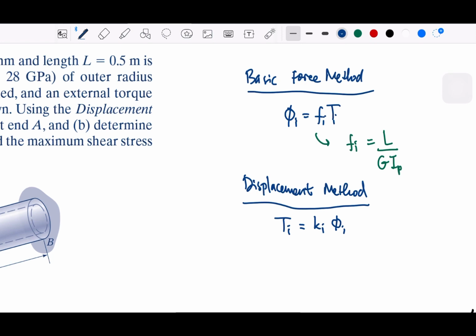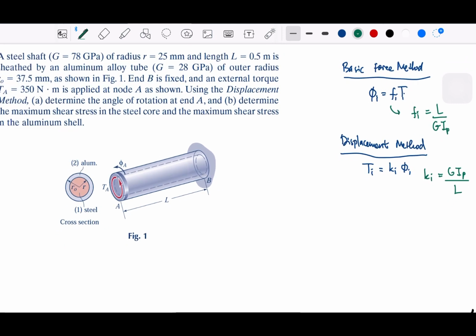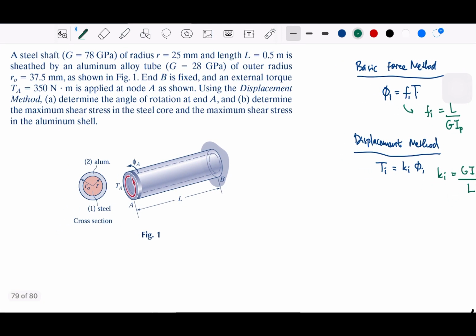So actually they are the same formula, and K is G IP over L. I hope it's still okay. I think the question will not ask for displacement or basic force specifically. You can do both, because they are basically the same.